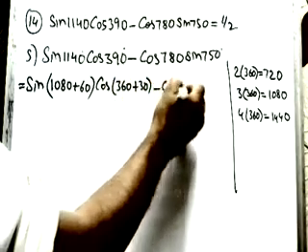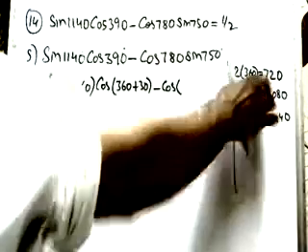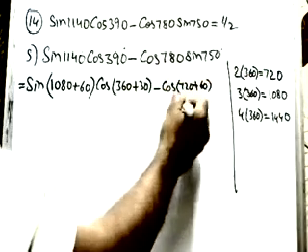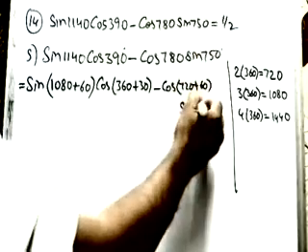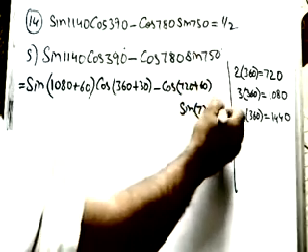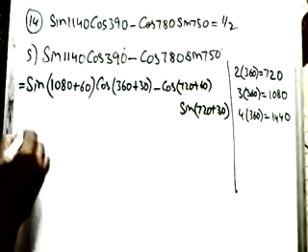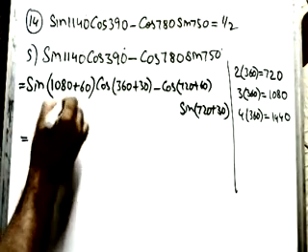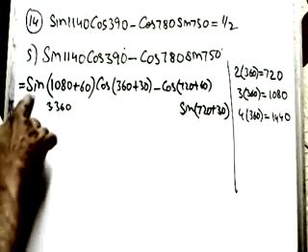Cos 780 is near 720, so we have to write 720 plus 60, into sine 720 plus 30. So we can write like this, 3 into 360.